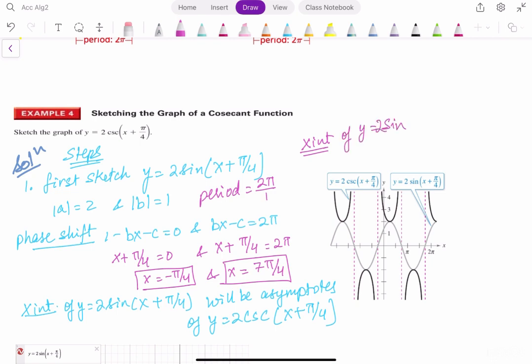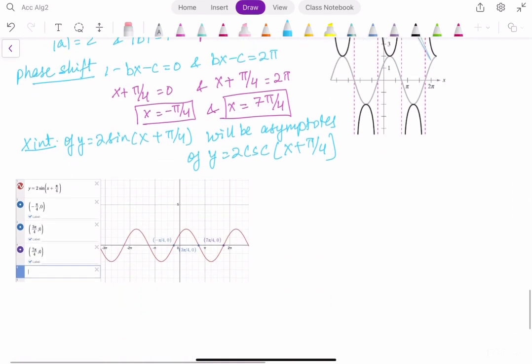So let me write all the x-intercepts before I forget. Negative pi fourths, 3 pi fourths, and 7 pi fourths. And these x-intercepts are nothing but the asymptotes.